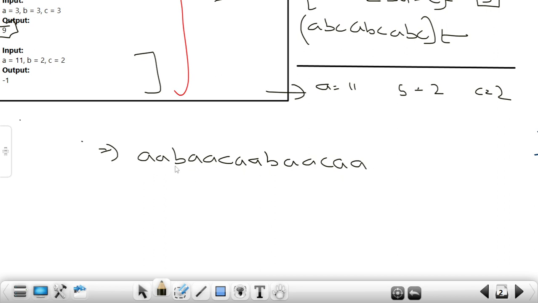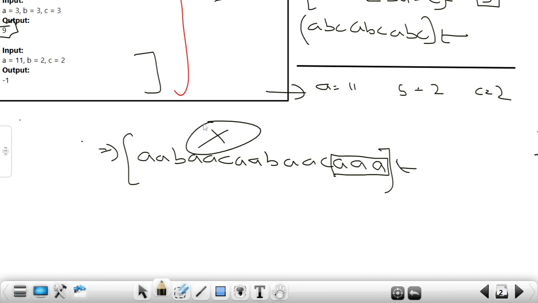Okay, but this is having only 10 occurrences of A and I want 11, so I'm going to write one more A. Okay, now you can see that this is having three consecutive same characters which are A. So this means that it is not possible to form a string which is satisfying our condition. So here -1 is going to be the output.